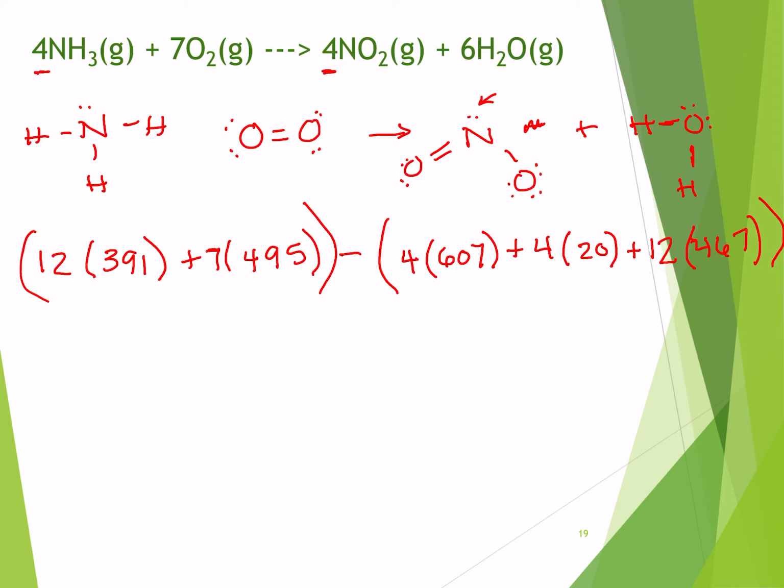All right, so now we can go through, calculate these. 12 times 391 gets us 4692 plus 7 times 495. And then we are going to subtract out all of this stuff, right? All of our bonds formed. 4 times 607.